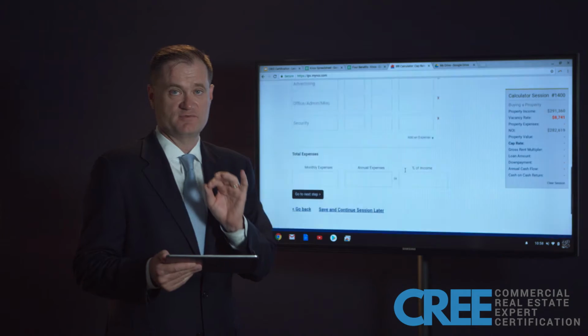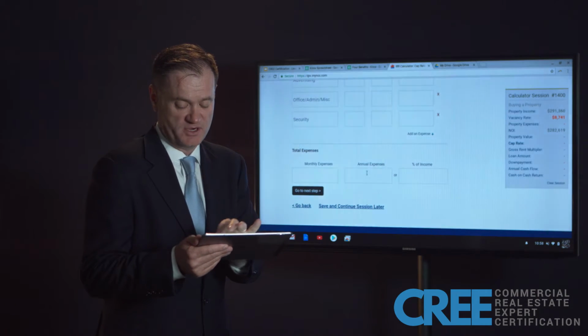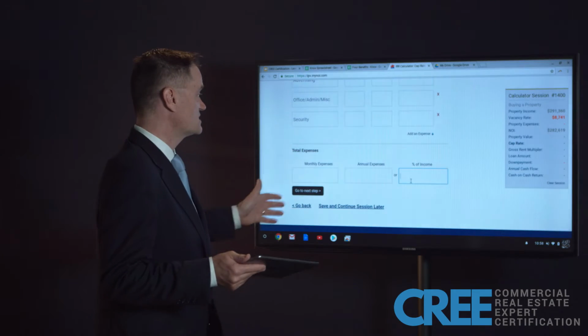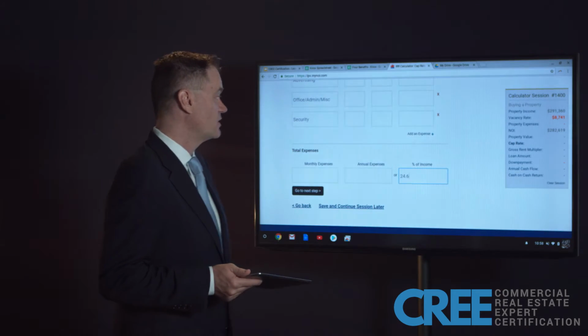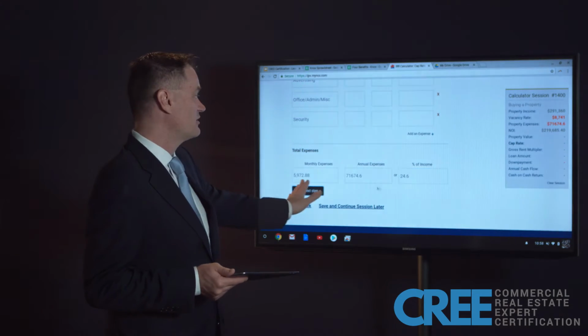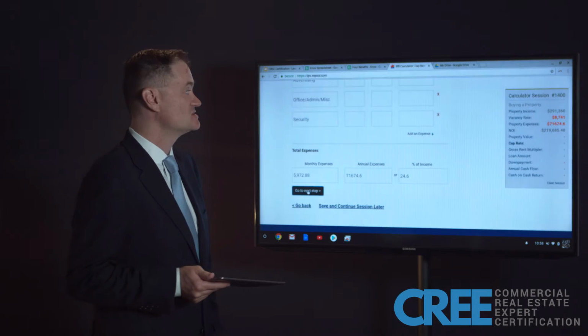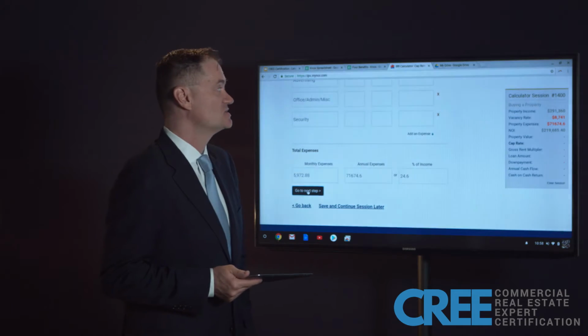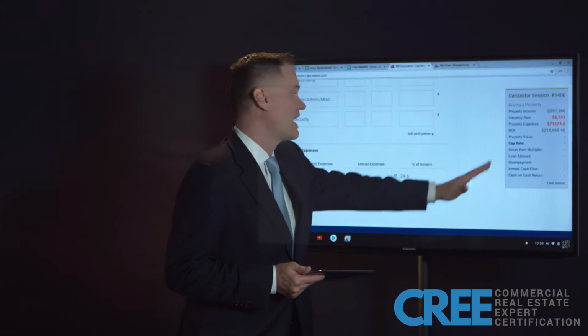So for time's sake, we're just going to put in the total expense ratio, which was 24.6%. It's calculating the monthly and the annual expenses for us, and you can see it's building us an NOI spreadsheet over here on the right-hand side.